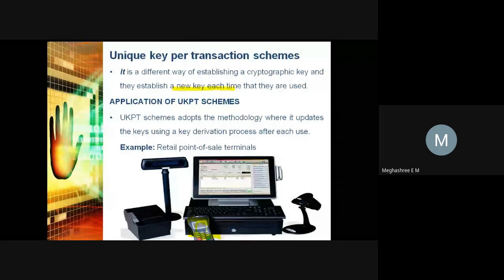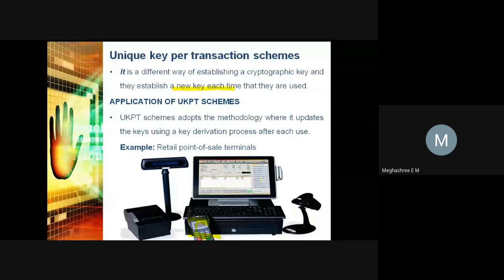So this UKPT scheme adopts the method where it updates the key using a key derivation process after each use. So for each and every transaction that is performed in the shop or in the hypermarket, each and every time a new key has to be generated, and these keys are generated with the help of the key derivation process, which we studied in the previous class.